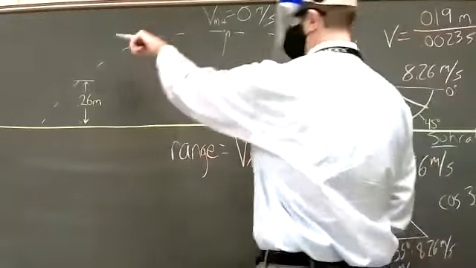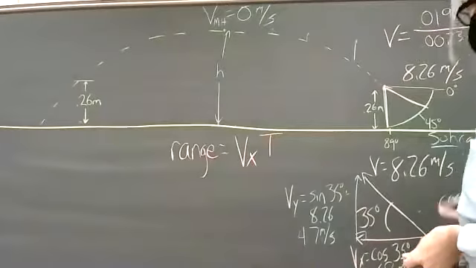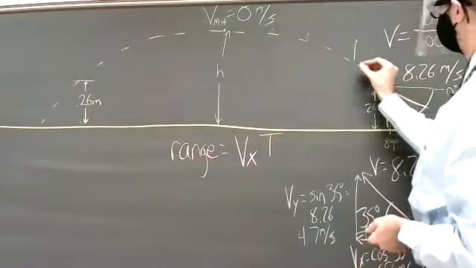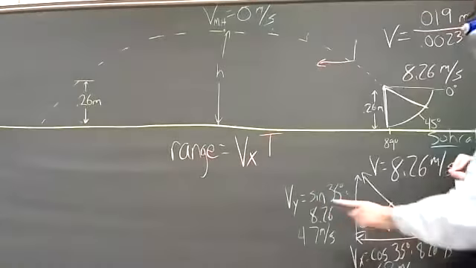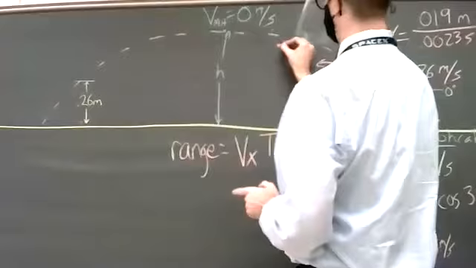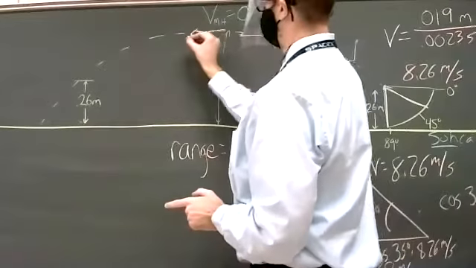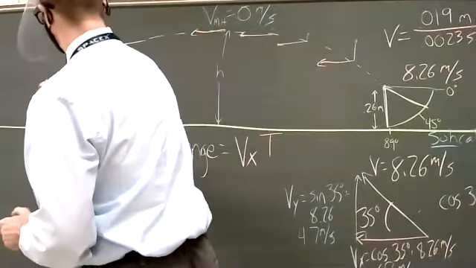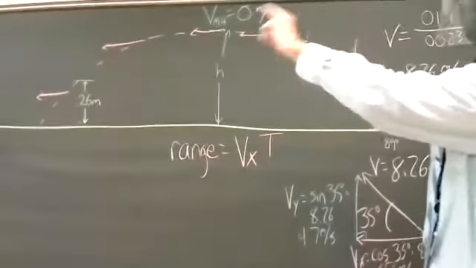It's still traveling this way, because nothing slows down the fact that it starts out moving 6.8 meters per second this way. So it keeps that same 6.8 meters per second sideways the entire time.